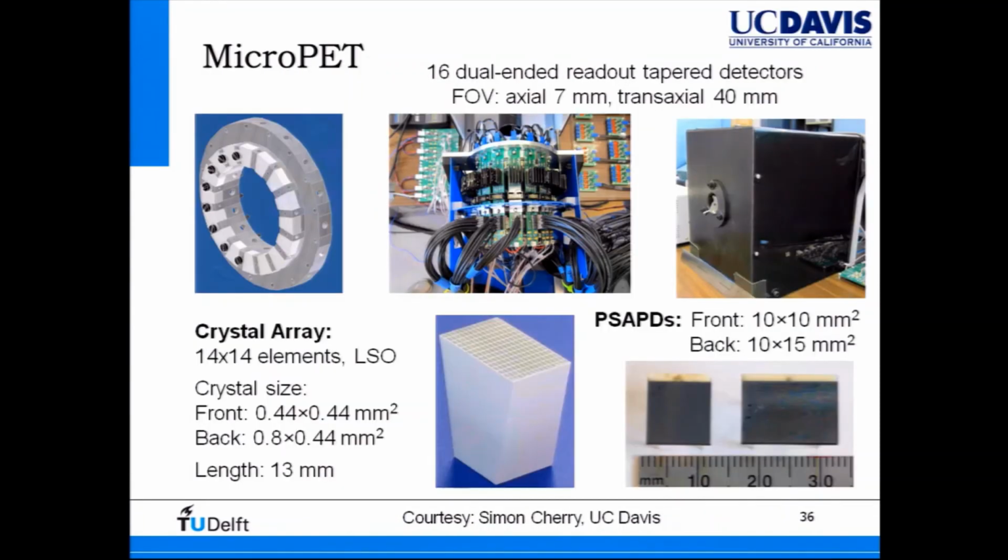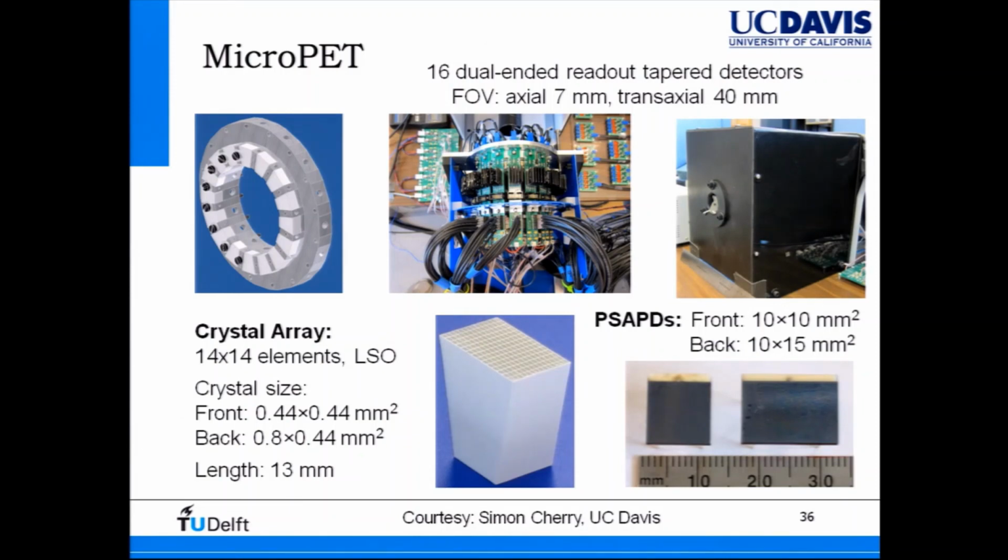And then finally, another interesting research line here in the US is performed at UC Davis by the group of Simon Cherry, where he is in principle following a somewhat more classic approach. Crystals that are cut to very long and thin needles, if you want.